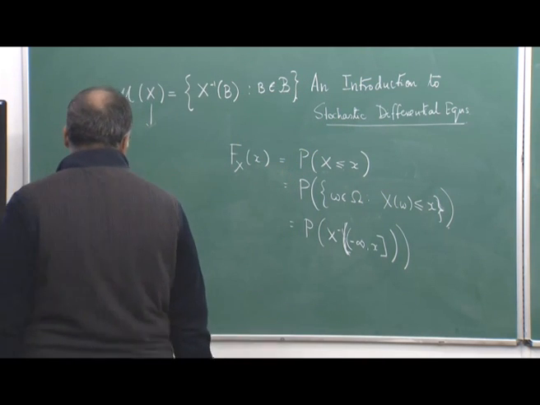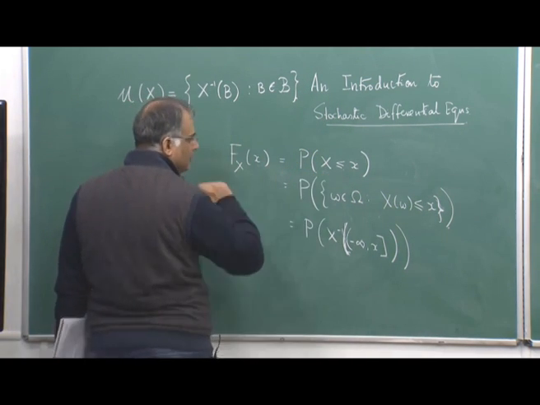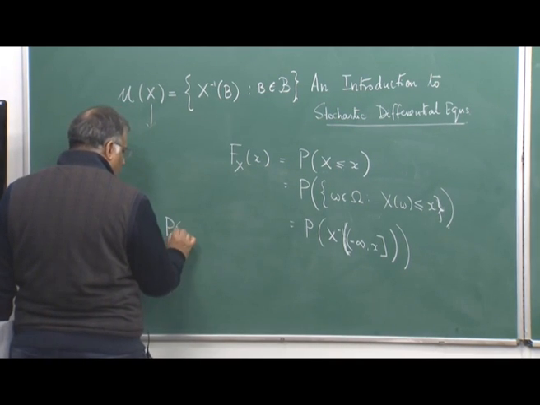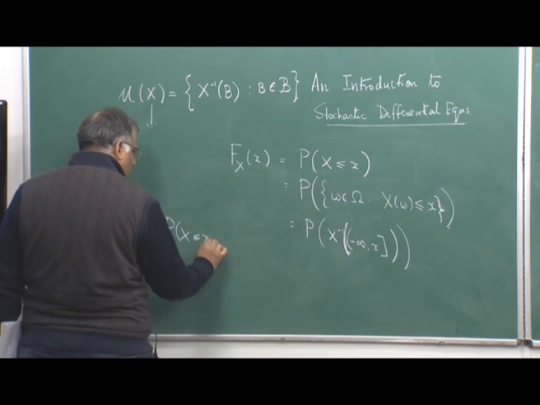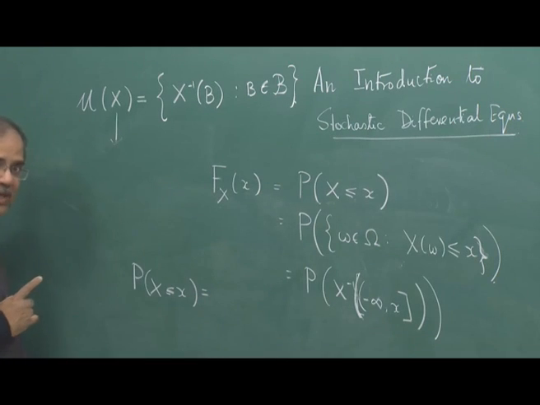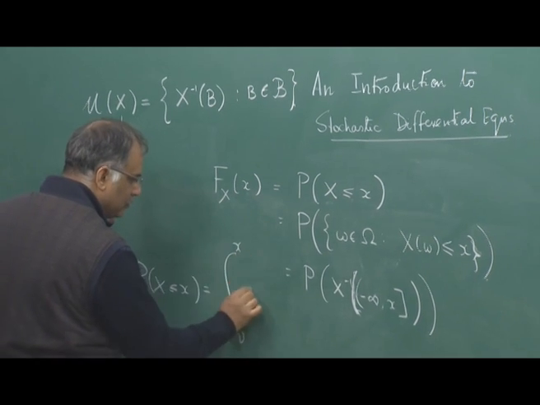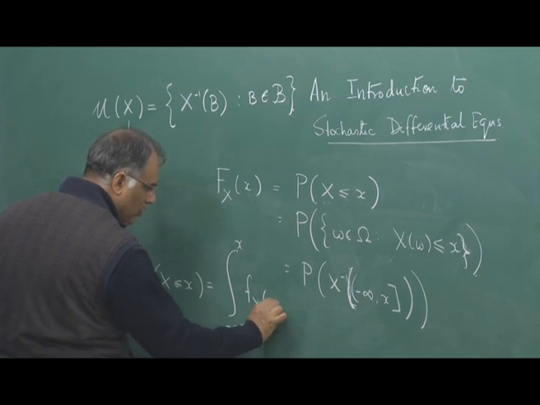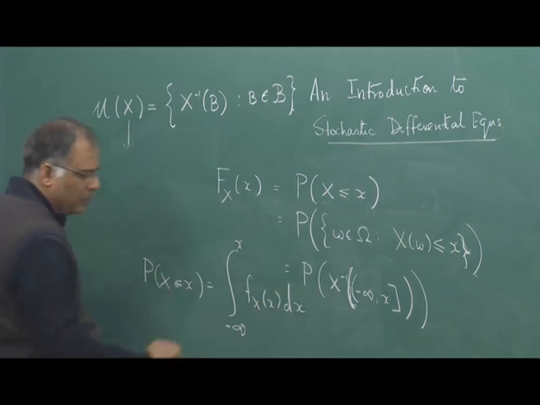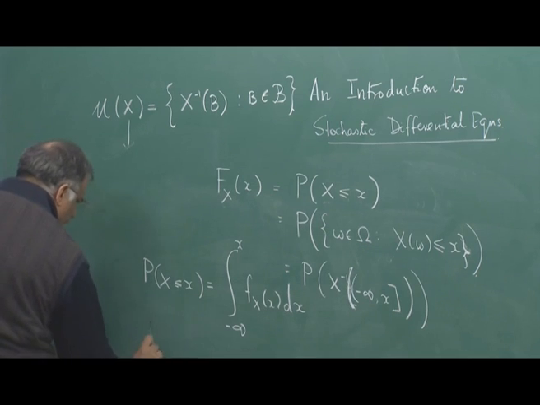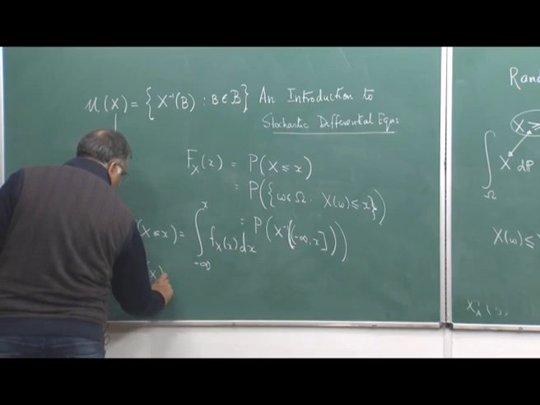And then how do I calculate the probability? It is usually calculated by means of a density function. I am just recalling this; it has to be known from a first year probability course, and once you know this, the expectation of X becomes an easy thing to calculate.